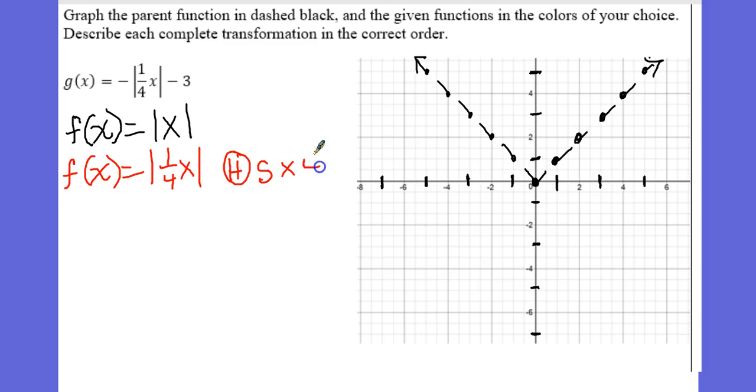stretch by 4. So all of our points are going to stretch 4 spaces further out from the axis of symmetry here. So this point right here at negative 1, 1, instead of going left 1, it's going to go left 4. Because it's got to go out 4 times as far.